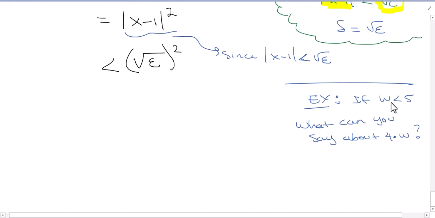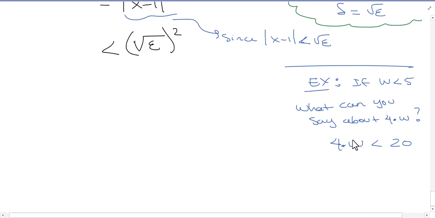If w is less than 5, then I can say 4 times w is less than 20. Because since w is less than 5, I can replace that w with 5 and say 4 times w is going to be less than 20. So that's kind of what I'm doing here.